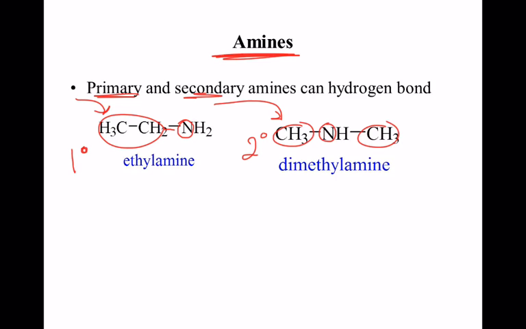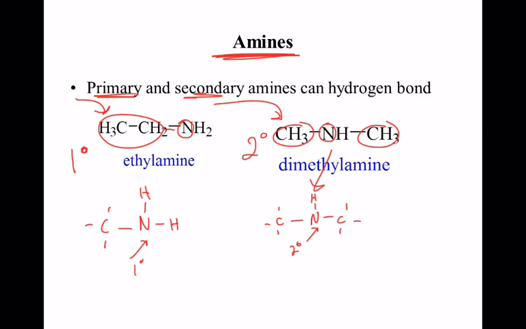Remember how that works? We could take this structure and expand it. We have a nitrogen, hydrogen, and then carbon groups. So this is an example of a secondary amine. This one over here, we have the nitrogen, hydrogen, hydrogen, and methyl group. So that is a primary amine.